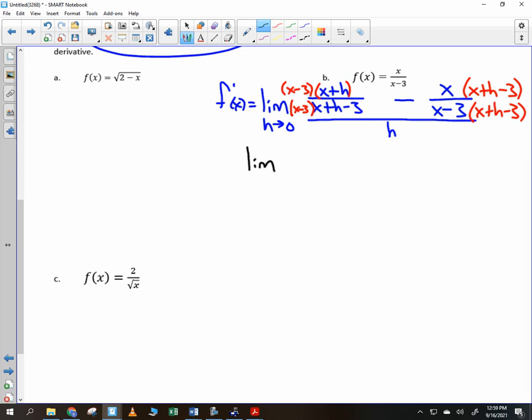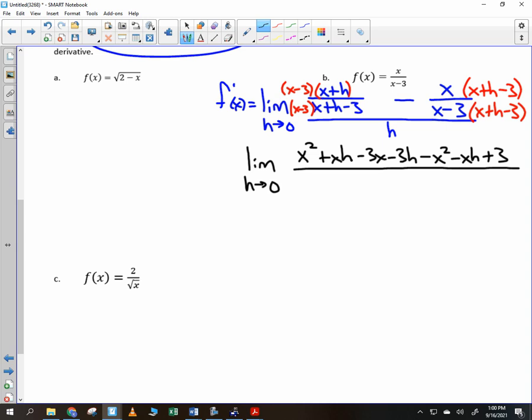I get the limit as h goes to 0 of, multiply out x minus 3 times x plus h. What do you get? X squared plus xh minus 3x minus 3h. What's next? Minus x squared minus xh plus 3x.